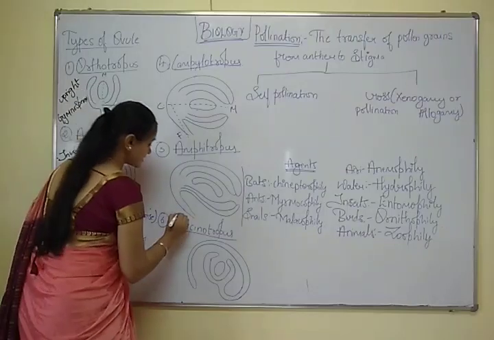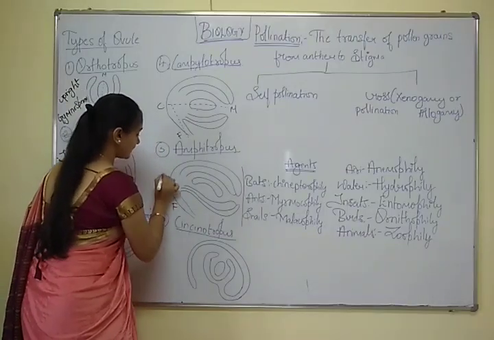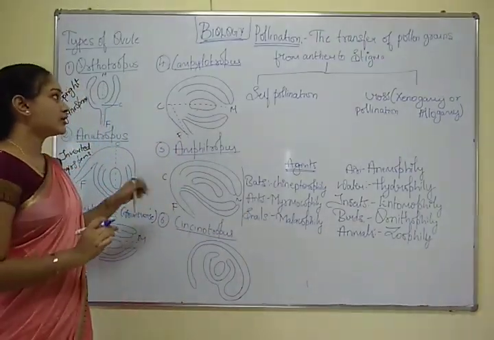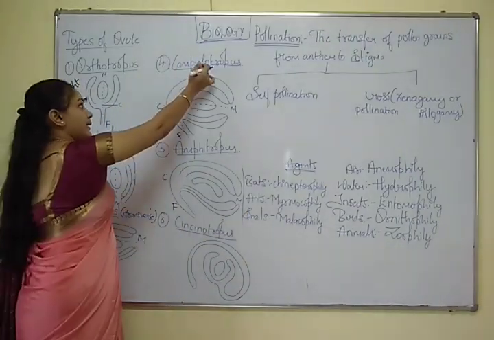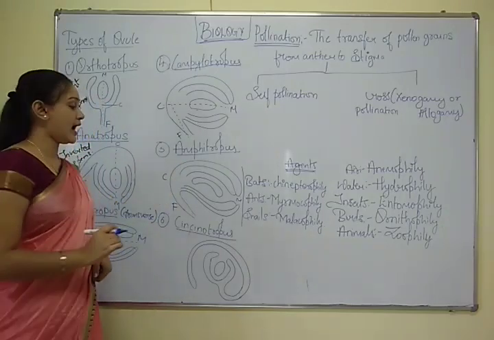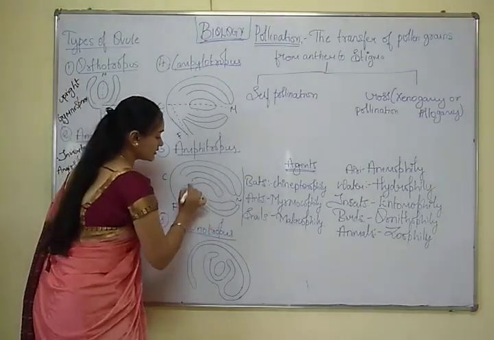Next is the amphitropous ovule. This is the funicle stalk, this is the chalazal and this is the micropylar end. The only difference between the campylotropous and amphitropous ovule is the embryo sac.